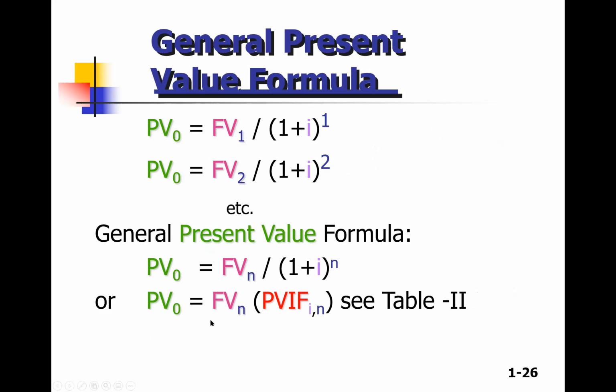So we will use this formula, FV over 1 plus I raised to power n, for 1 year. If we separate FV, this part would be like this. Let me simplify it for you.